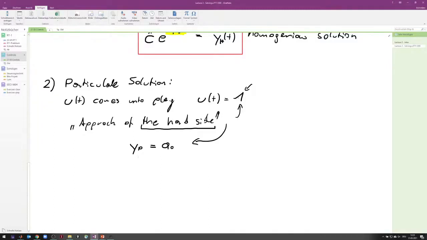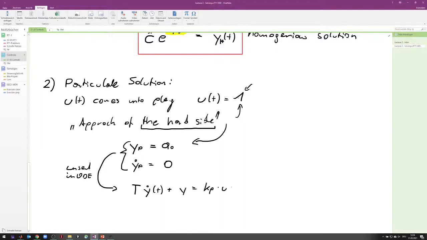Okay, so if we have this, we can build the derivative. And this is simply 0. Okay, and now we're going to take that and insert it into our ODE. So all of this should be recaptured, right? Okay, if we do so, our ODE was T times y dot of t plus y equals Kp times u.